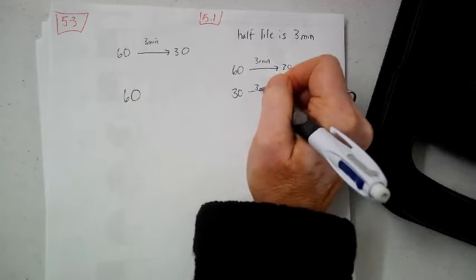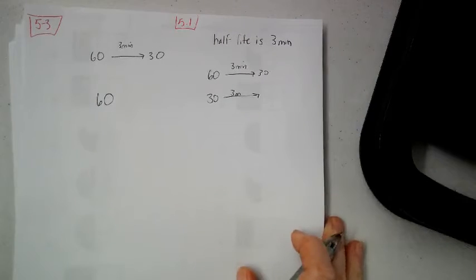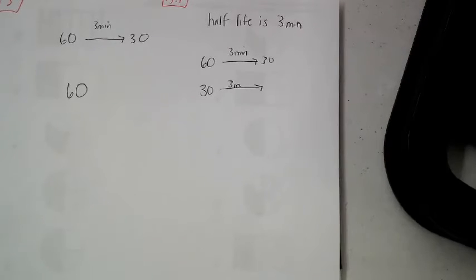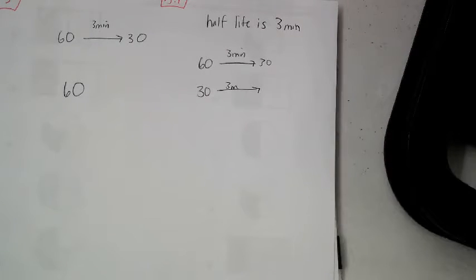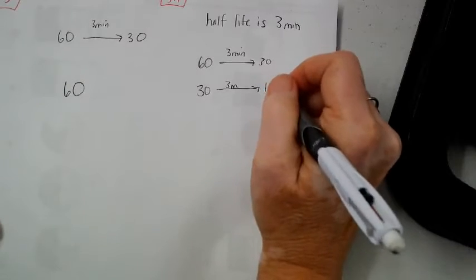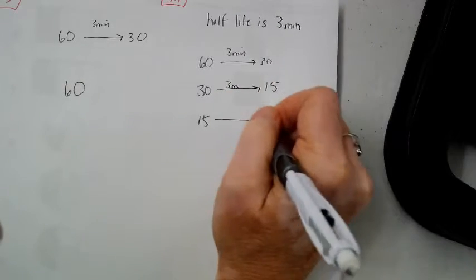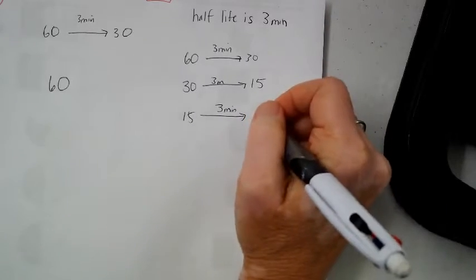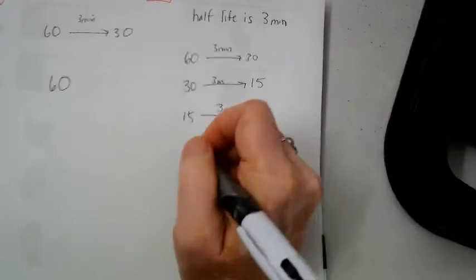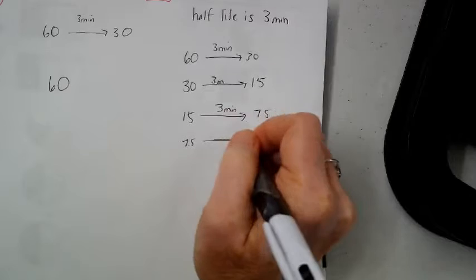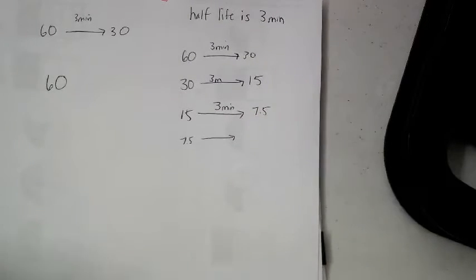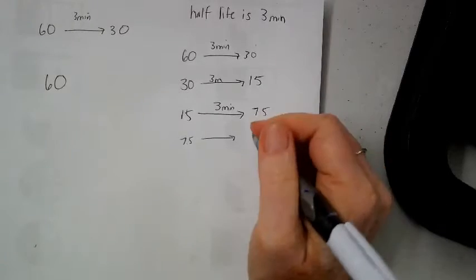And then 3 minutes later, hey, I think I can zoom this in. 3 minutes later, I would have 15. And then I would have 7.5. Get the idea? I just used my little pink calculator.